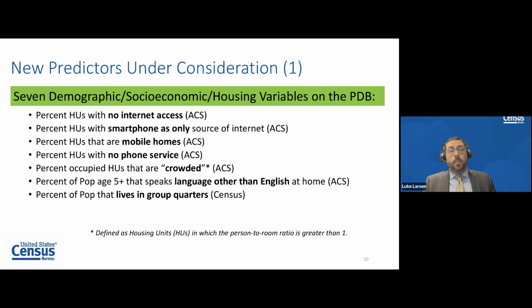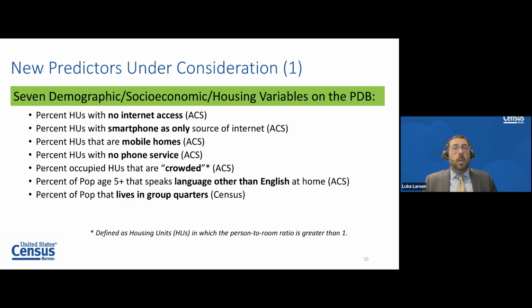We have a number of predictors that are being considered for the model, and those come in 3 broad flavors. The first are new types of predictors that come from the planning database. I have them all listed here, things like internet access and percentage mobile homes, percentage living in group quarters.